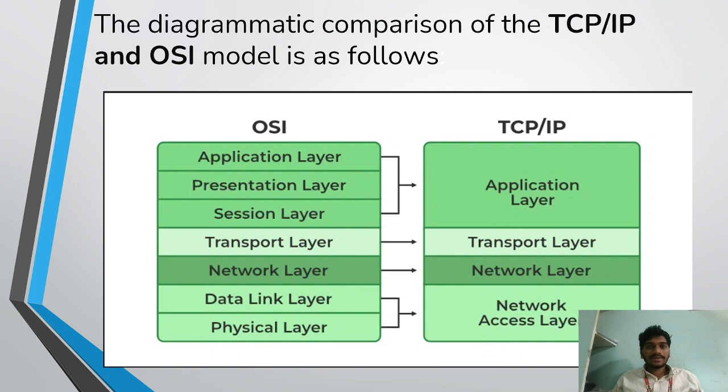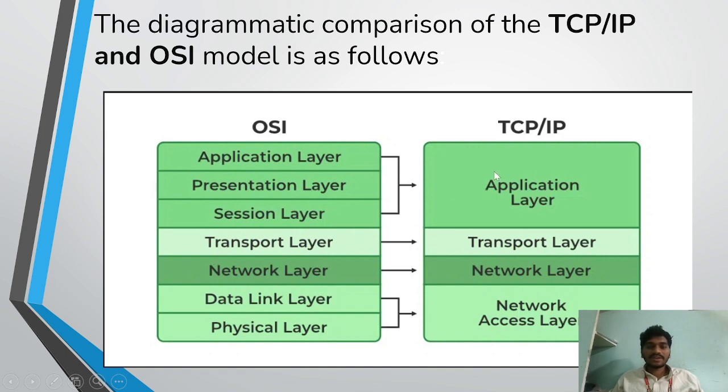The diagrammatic comparison of the TCP/IP and OSI models is as follows. As you can see, the OSI model consists of the application layer, presentation layer, session layer, transport layer, network layer, data link layer, and physical layer.